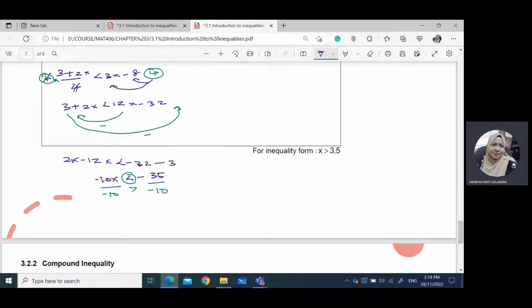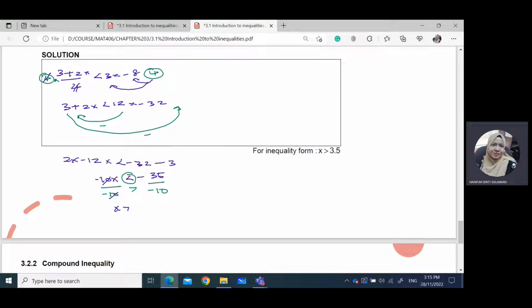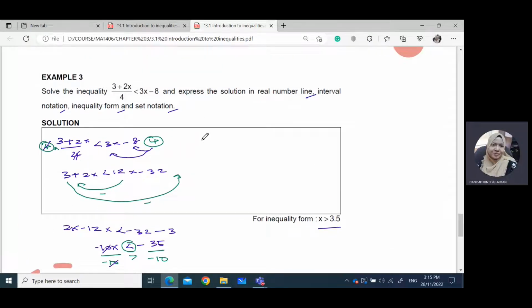So untuk ni negative 10x over negative 10. So this negative 10 we can cancel out. Then here we have x greater than negative 35 divided by negative 10. Okay, so now we have 7 over 2. In decimal, it will be 3.5. Okay, so x is greater than 3.5.